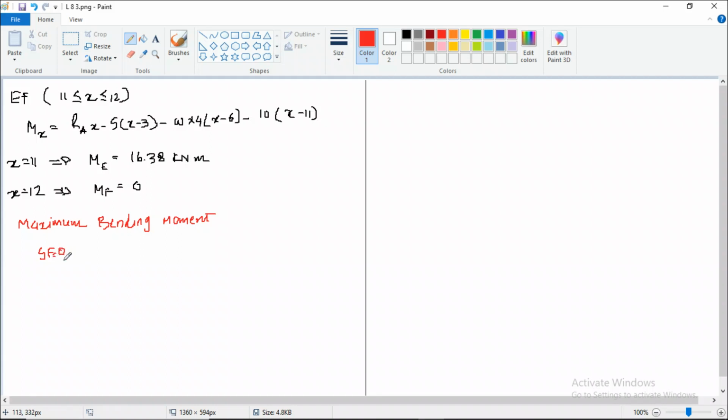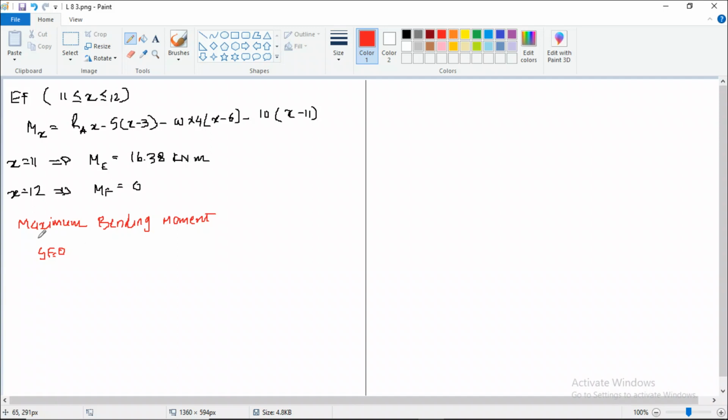So let us take any distance x in my beam, consider that point as shear force 0, right?